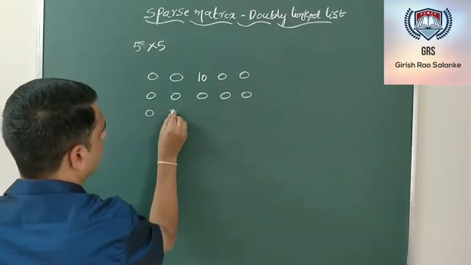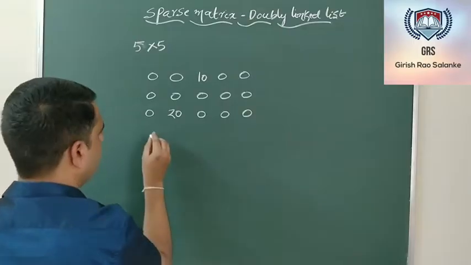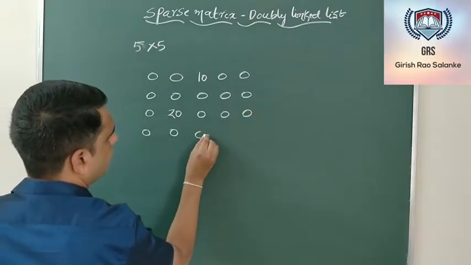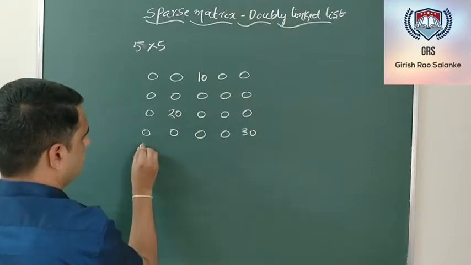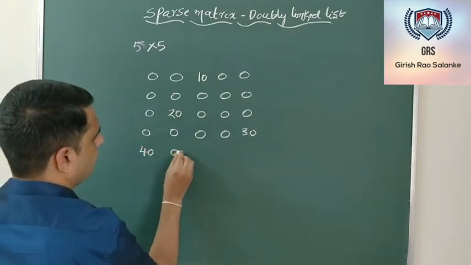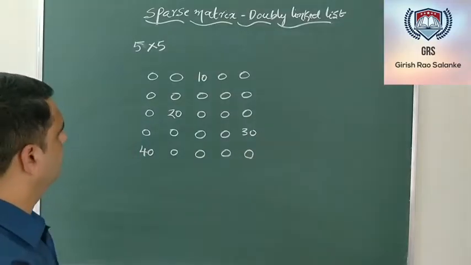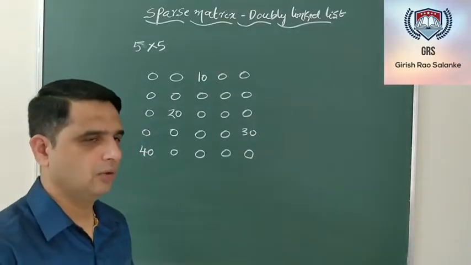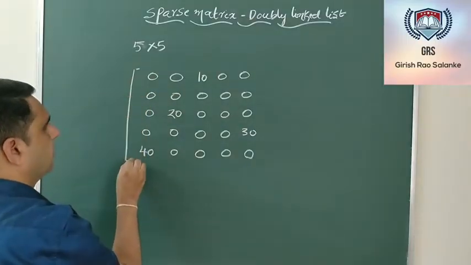In the third row, I will assume that there is one non-zero element as 20. In the fourth row, I will take one more non-zero element as 30. In the last row, I will consider that there is one more non-zero element, 40. Now note that such a matrix is called a sparse matrix.